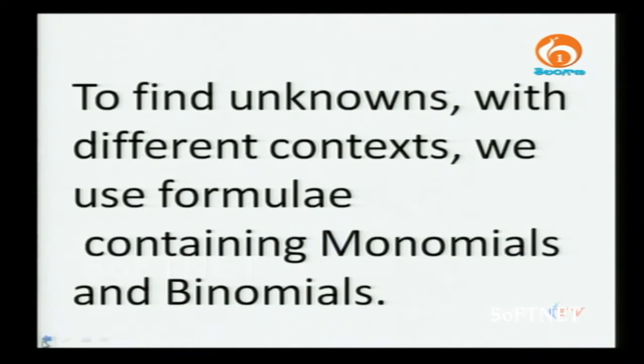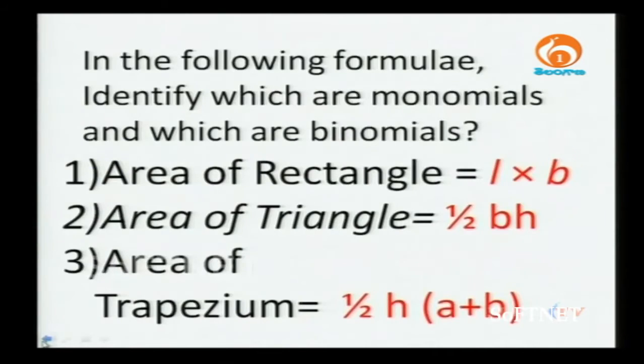Now, to find these unknowns in different contexts, we use formulae containing monomials and binomials. Do you know, in the following formulae, identify which are monomials and which are binomials.